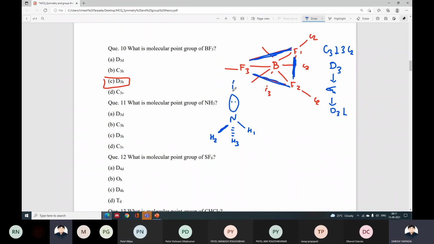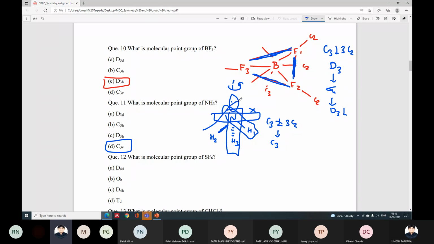Good. The point group becomes C3v, because C3 is not perpendicular to 3C2, so the symbol used is C3. There is no sigma h, but there is a sigma v. 3 sigma v are there. So the point group becomes C3v.